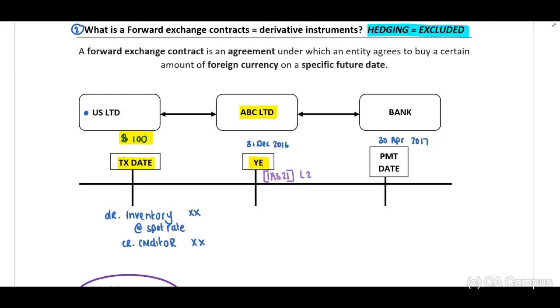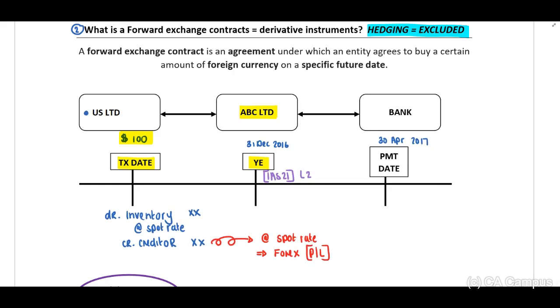Now, at year end, in terms of IAS 21, we need to remeasure our creditor at spot rate, and the difference shall be recognized in our foreign exchange gains and loss account in our profit and loss.